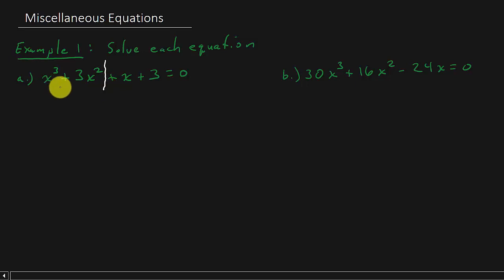Okay, so if I look at the first part, I can factor out an x squared, and that'll leave me with x plus 3. I just factored out a common factor of x squared. And then if I look here, there's nothing to factor out. The greatest common factor is 1.